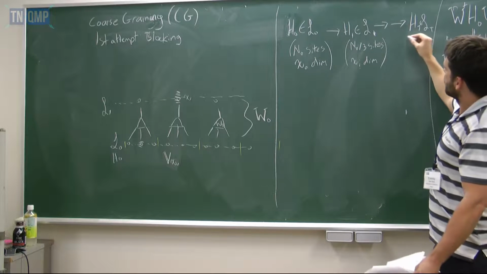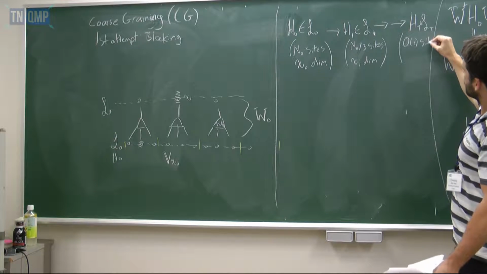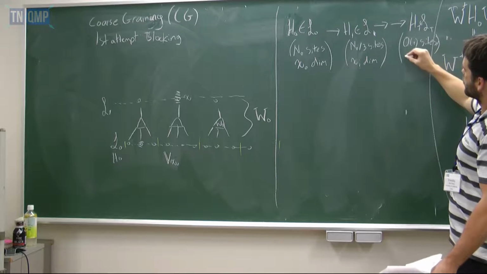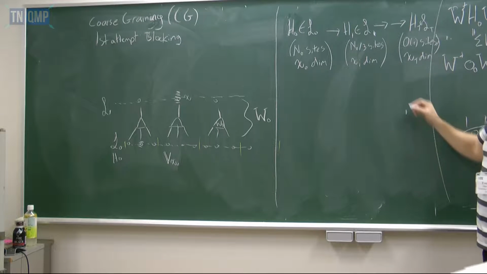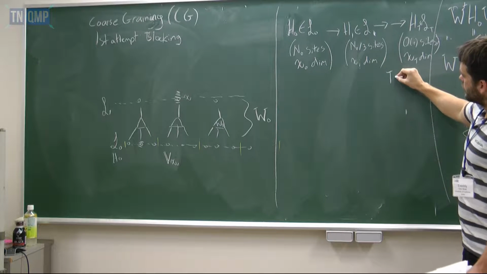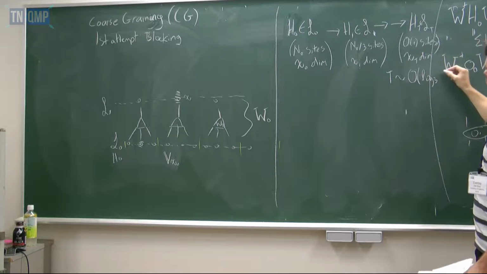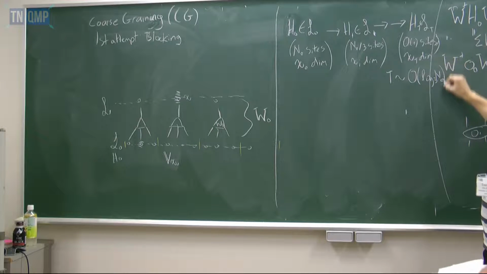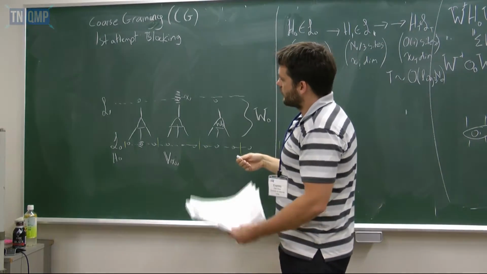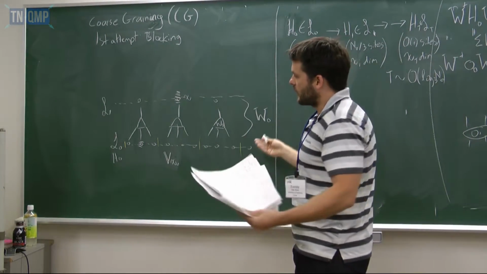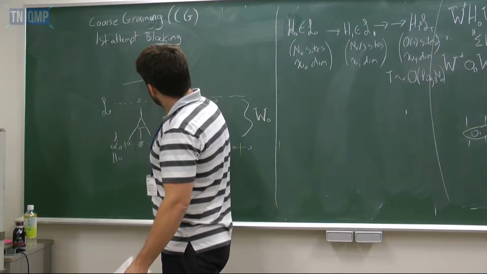Here we want order 1 sites, and we'll have some chi T dimension. Here T is of order log 3 of my N naught. So I want to keep doing this transformation until I get to a lattice of order 1 sites. So do it a logarithmic number of times.